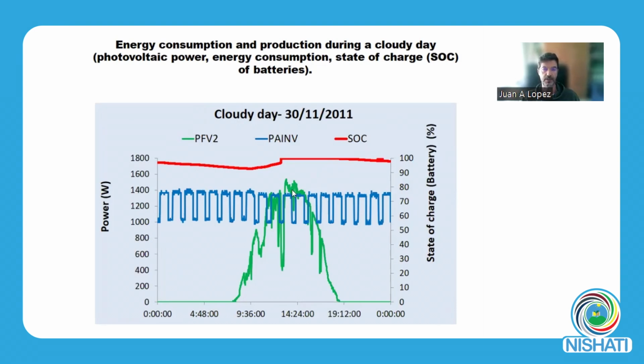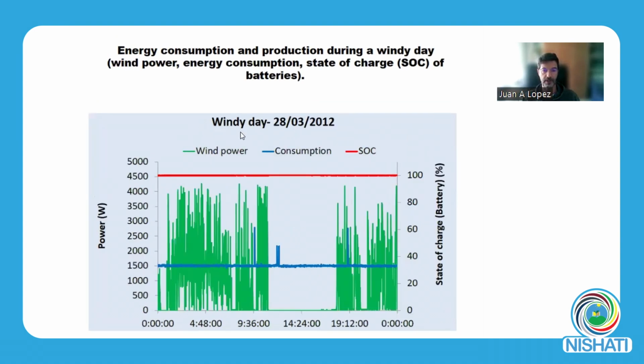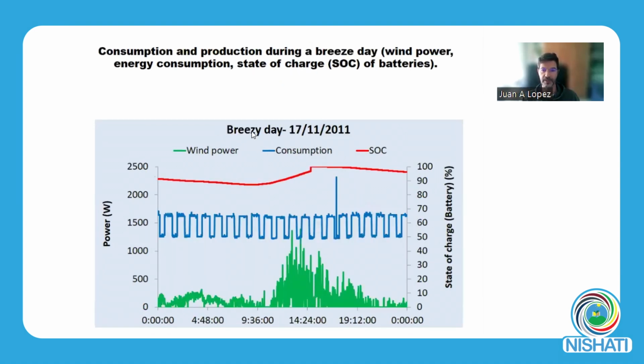This is what is happening on a cloudy day. We are using more and more energy from the battery because the solar energy is not enough to maintain the system. On a windy day, you can see that the state of charge of the battery is totally full, because we had 2 windmills, 3 kilowatts each one, and on a windy day they are continuously producing energy.